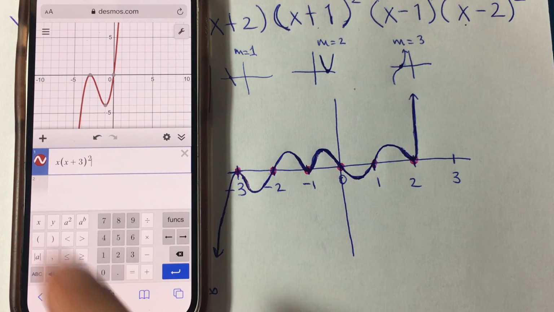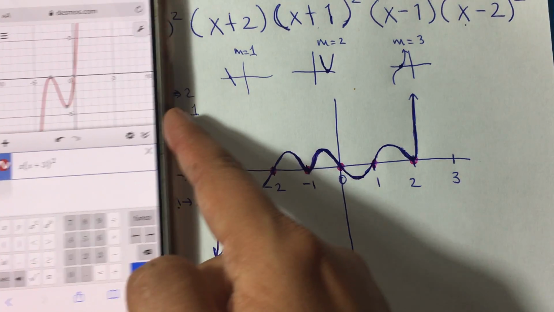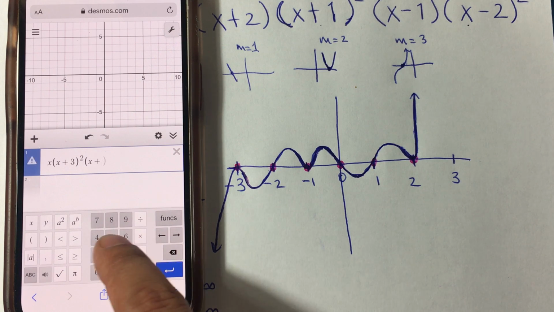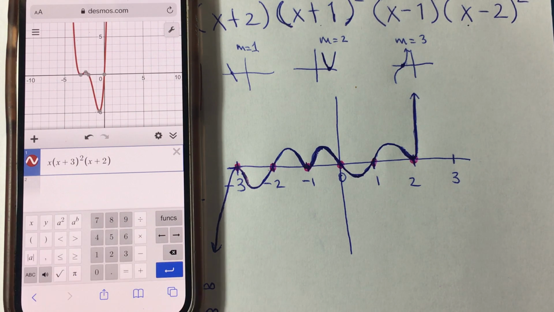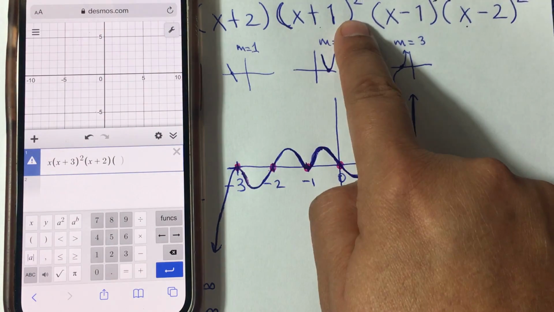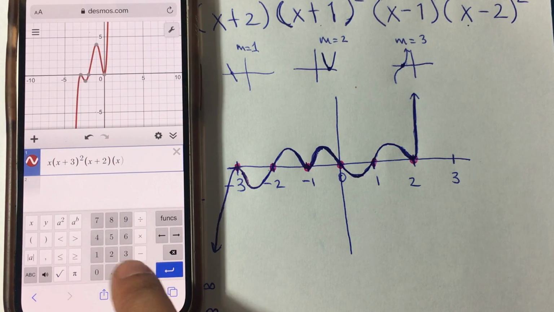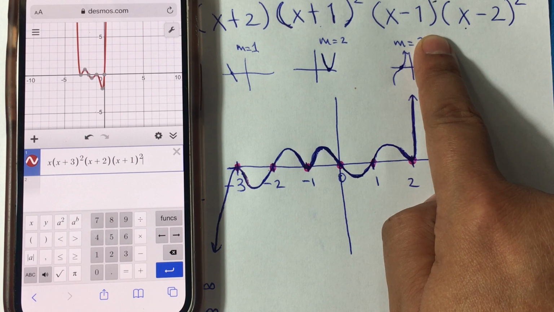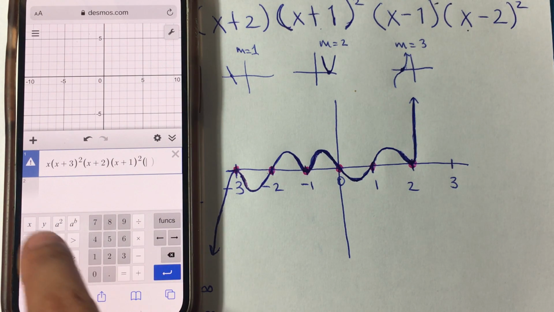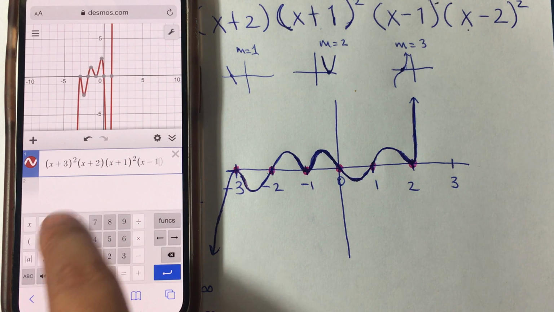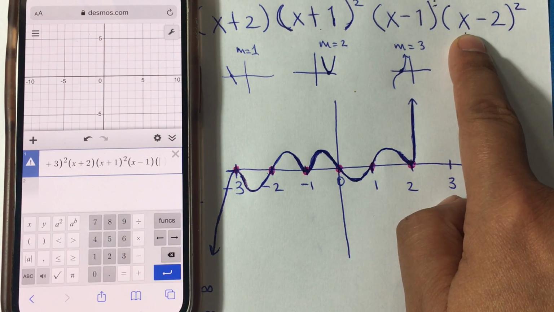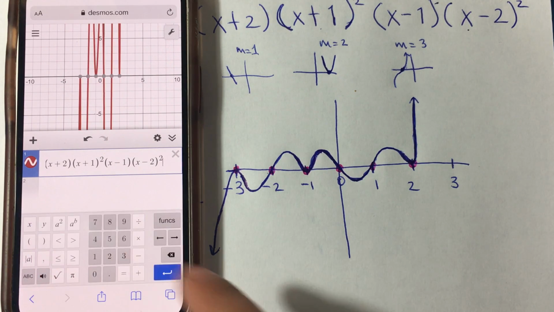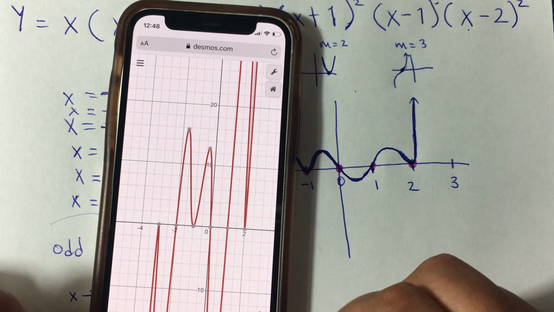Close the parentheses, then we have (x + 2), times (x + 2), close the parentheses, open another parenthesis, (x + 1) squared, times (x - 1), close the parentheses, open another one, and finally (x - 2) squared. There you go. That's what I wanted to do.